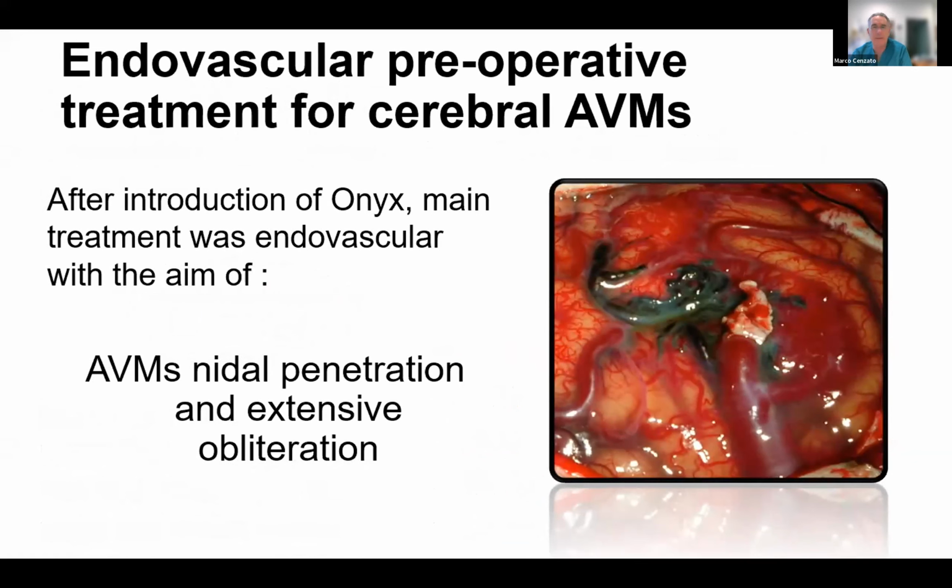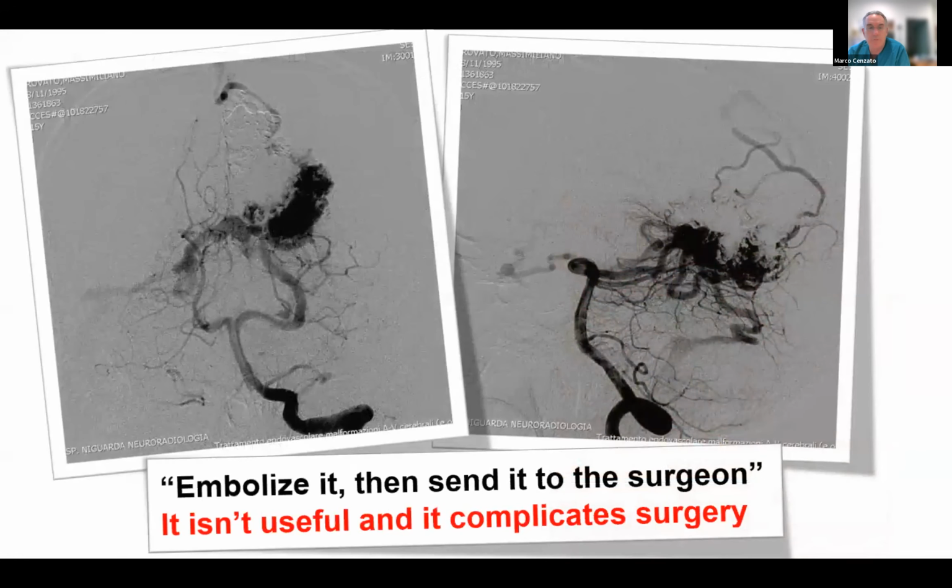Selective endovascular preoperative treatment of AVM for us is something we require: we ask the endovascular team to occlude vessels which are not reachable from a surgical point of view, and we try to avoid an unplanned treatment to embolize an AVM and then send it to the surgeon, as in this case.